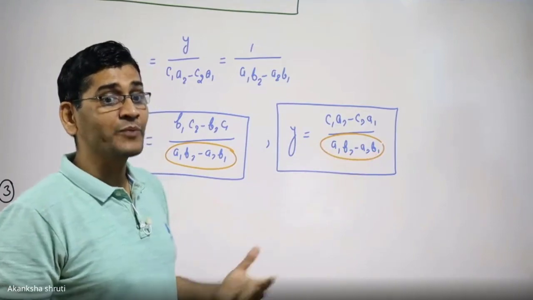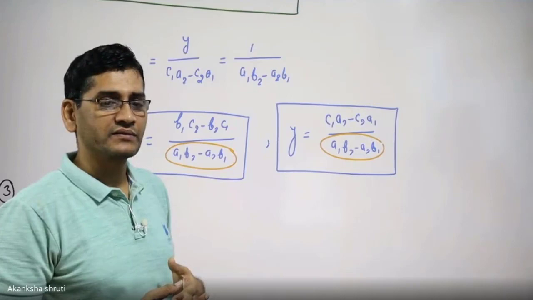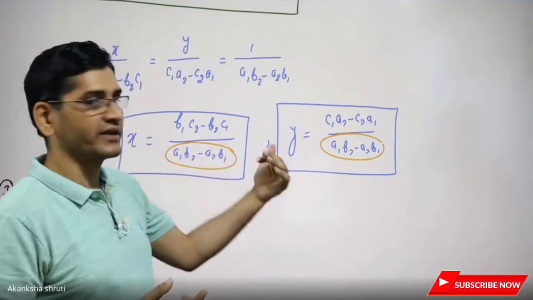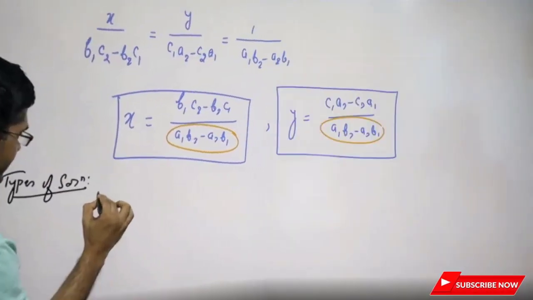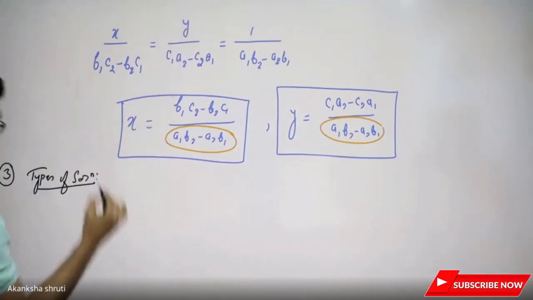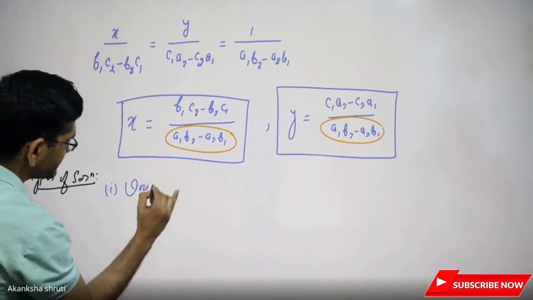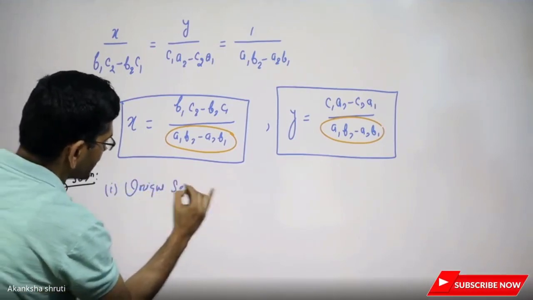If the denominator becomes 0, then the real value of x and y cannot be determined. The very first one is the unique solution. So write: unique solution.